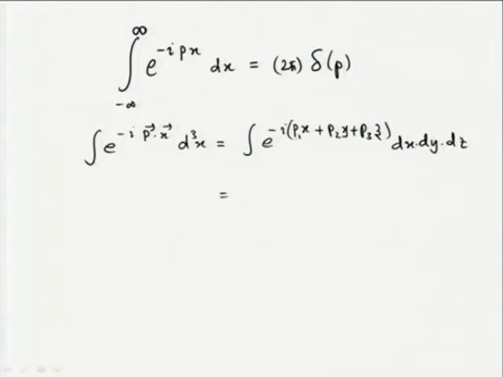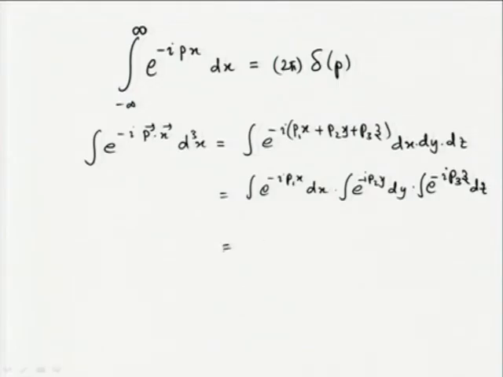Each of these is independent of the others, so I can take it as the integral of e to the power minus i p₁x dx, times the integral of e to the power minus i p₂y dy, times the integral of e to the power minus i p₃z dz.